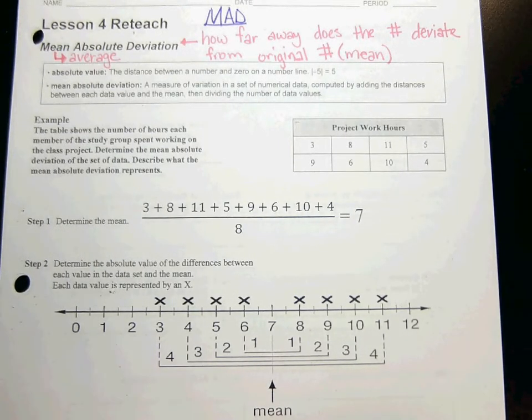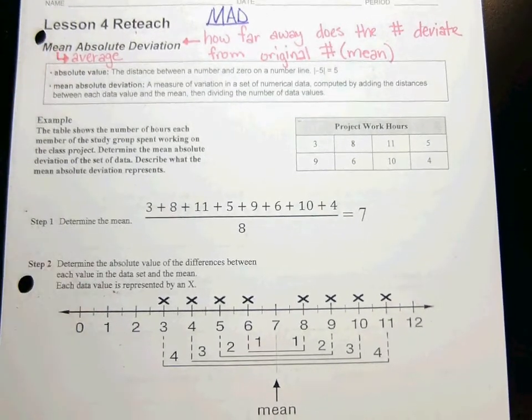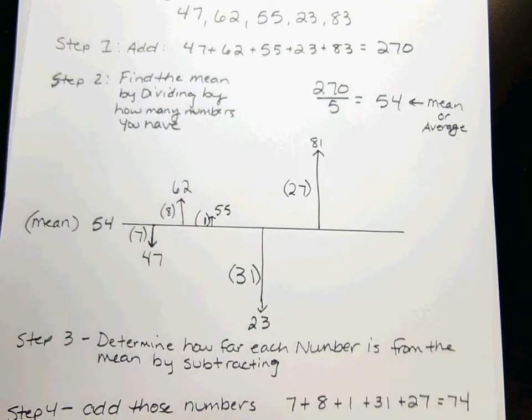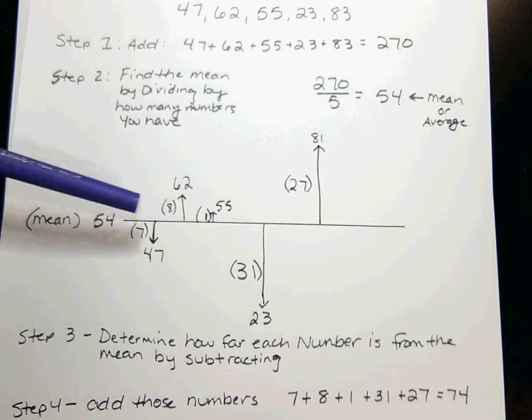So we've given you 2 copies. One is the book's version of how to solve the problem. And then we've given you another version, a more visual way to solve the problem with less writing down. It's just a visual of how far the number is from your mean.